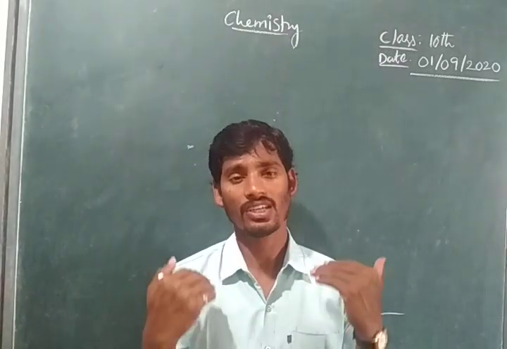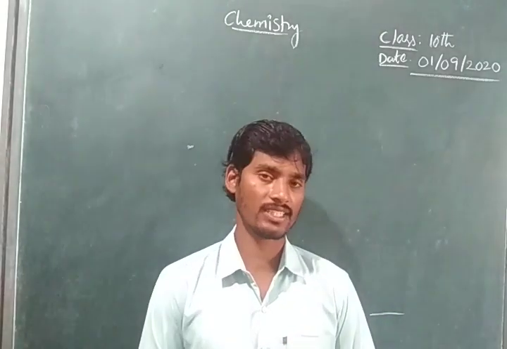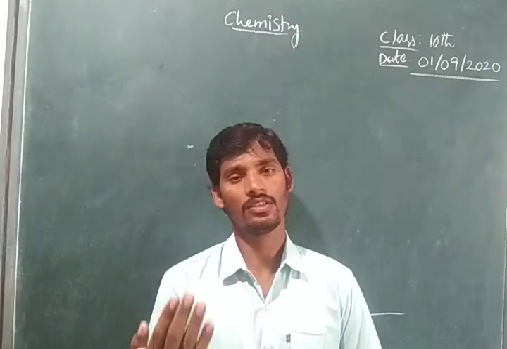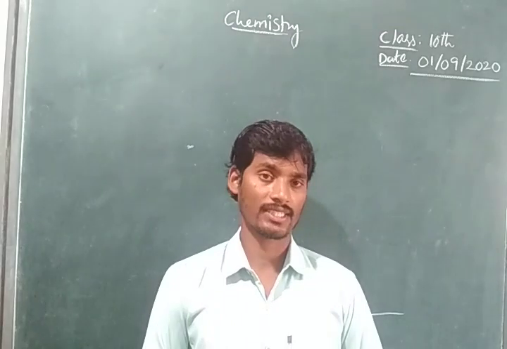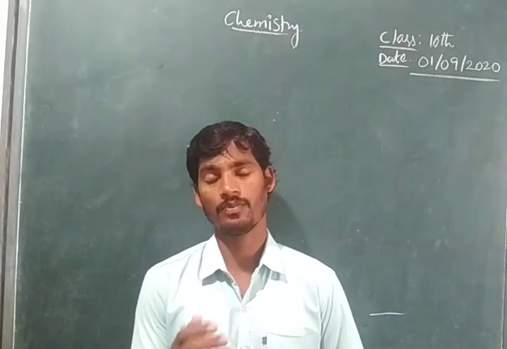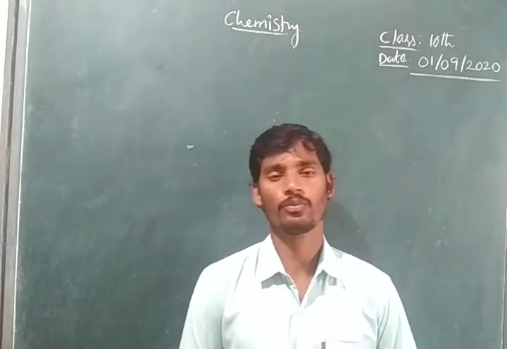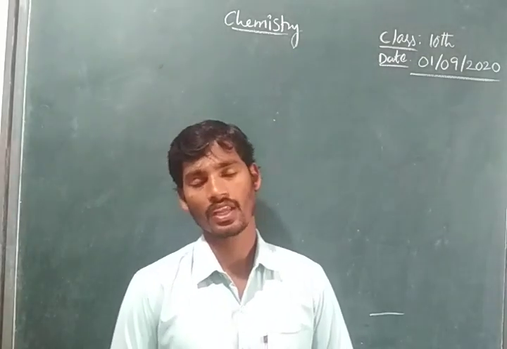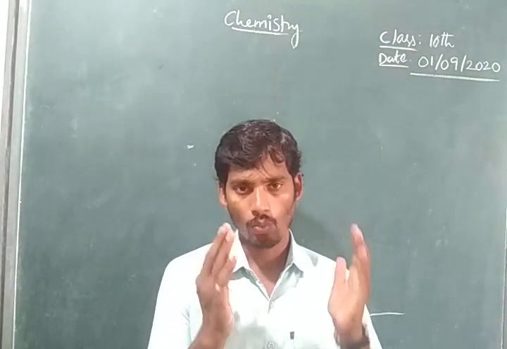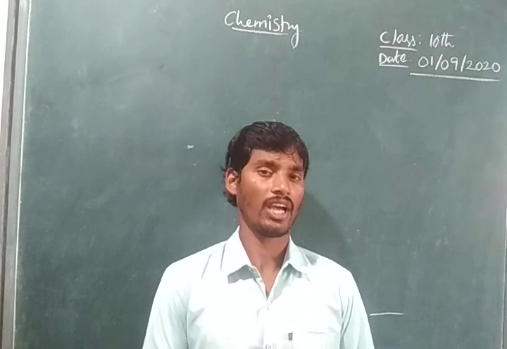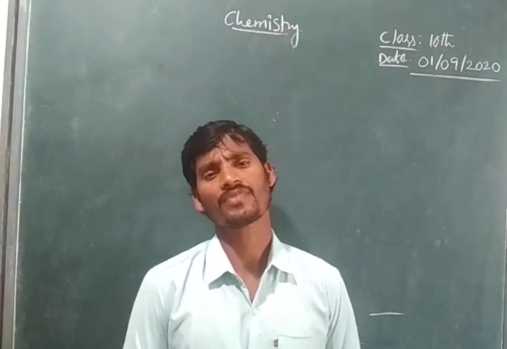Recently we discussed one periodic property, the atomic size, the types of atomic sizes and how atomic size varies in periods and groups. Secondly we discussed the ionization energy, what it means, its units, and how it varies in periods and groups, right children?